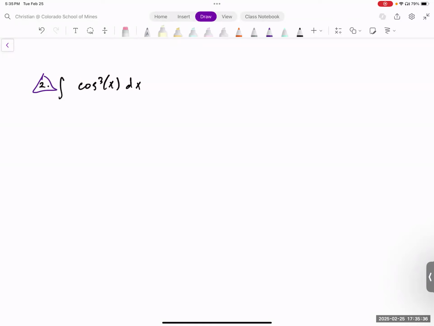All right, assuming you paused and you came back, if we followed the process, we'd have cosine squared x. Here's our single cosine I factored away. Rewrite cosine squared as 1 minus sine squared with the Pythagorean identity.